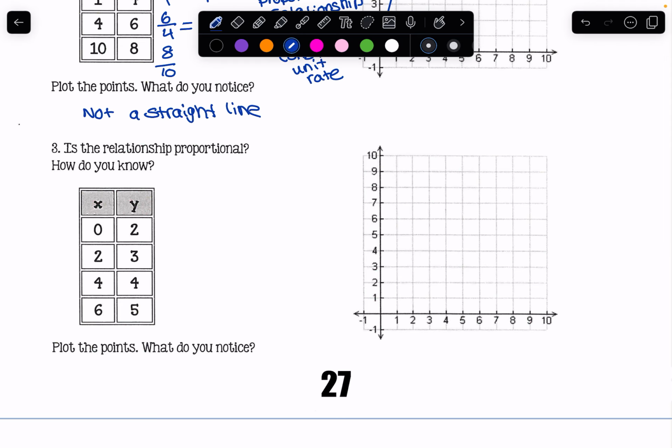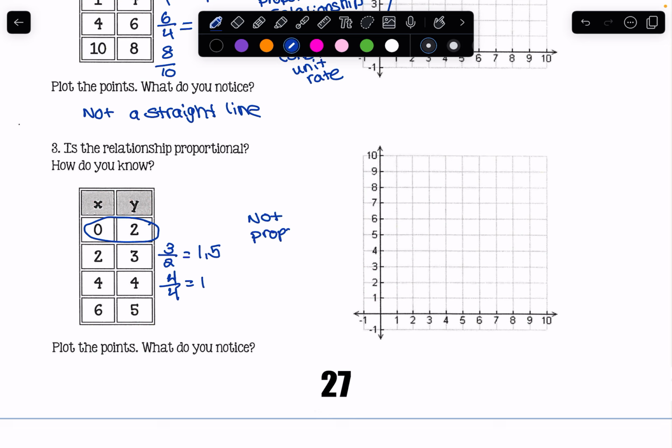Is this relationship proportional? Well, right away something should catch your eye. This is different because I still can't divide by 0, but this is not 0, 0 like the other ones were. So let's check. 3 over 2 gives me 1.5. 4 over 4 gives me 1, so I know it's not going to be proportional.